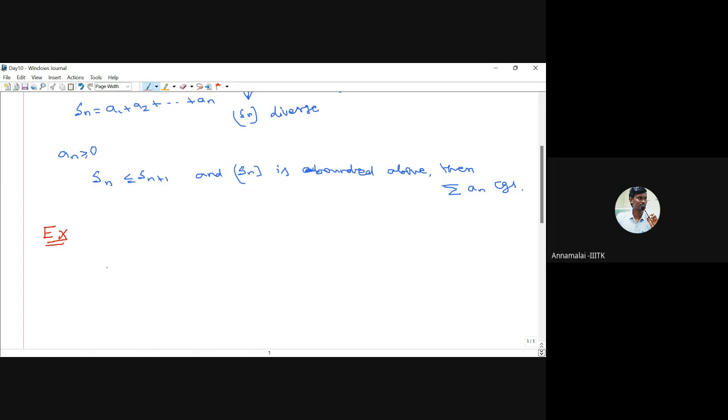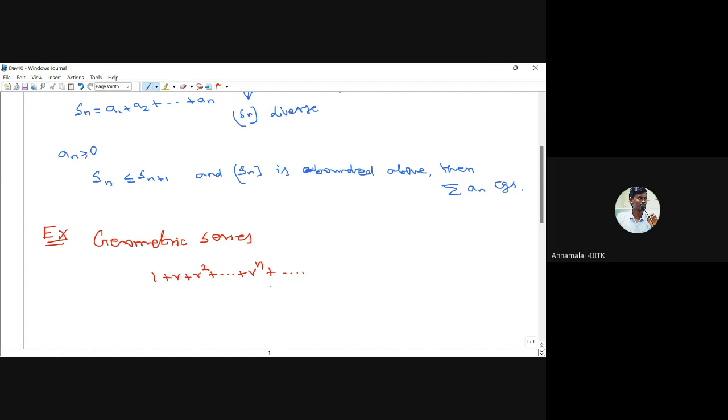If you consider the geometric series, it is of the form 1 plus r plus r square plus and so on plus r power n plus and so on. So this is the geometric series.